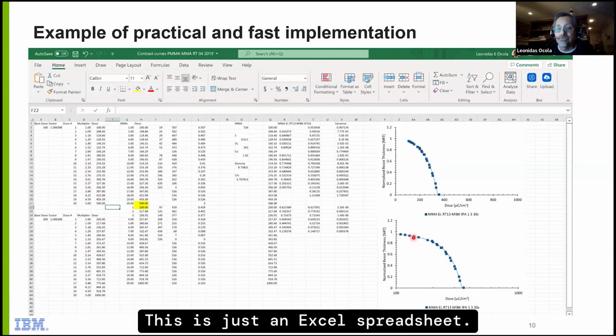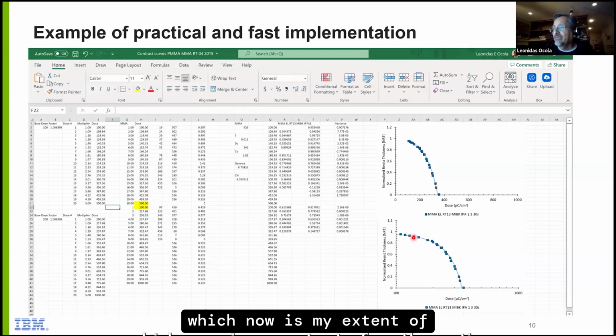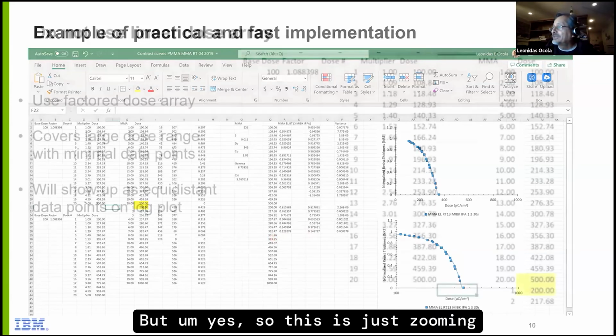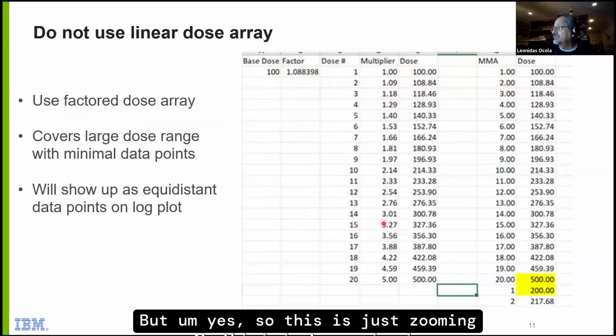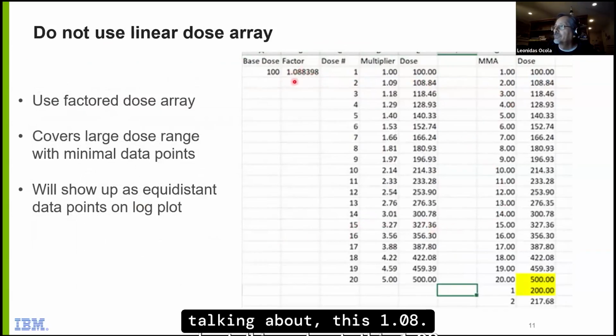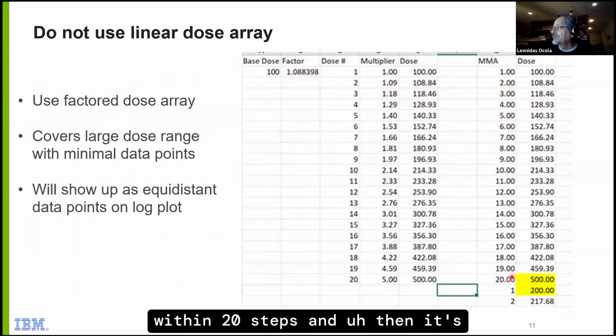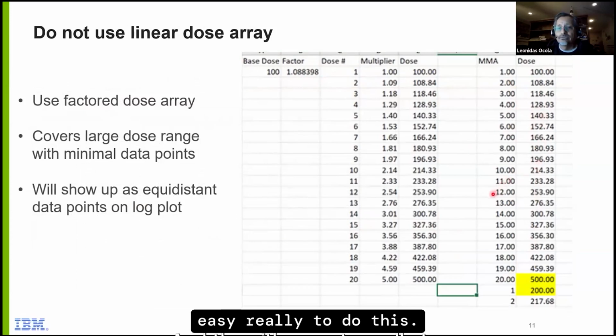This is just an Excel spreadsheet, which is now my extent of mathematics and simulation, just Excel. This is just zooming in so you guys can see what we're talking about, this 1.08. It was just to go 1 to 5 within 20 steps. And then it's easy to do this.